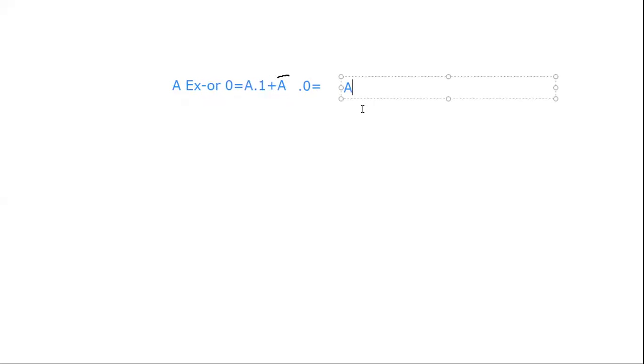Which is A. That is, if you connect A with 0, directly you get it in the true form. For example, if I consider A XOR with 1, then what happens? A into 0 plus A bar into 1.